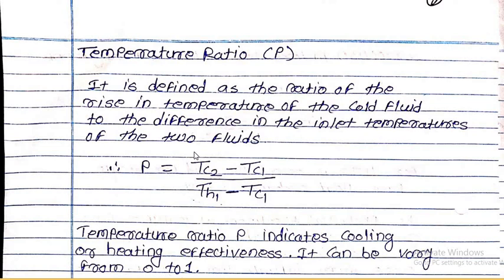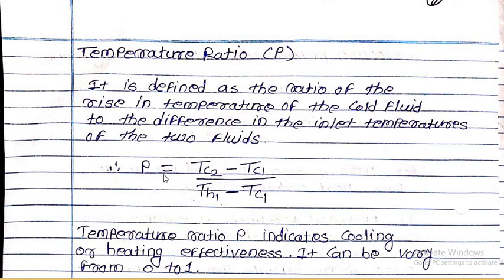In a heat exchanger, we consider the cold fluid inlet temperature as TC1 and the cold fluid outlet temperature as TC2. So TC2 minus TC1 is the rise in temperature of the cold fluid. The second thing is the difference in inlet temperature of the two fluids, hot and cold. The inlet temperature of the hot fluid is TH1 and of the cold fluid is TC1, so the inlet temperature difference is TH1 minus TC1.